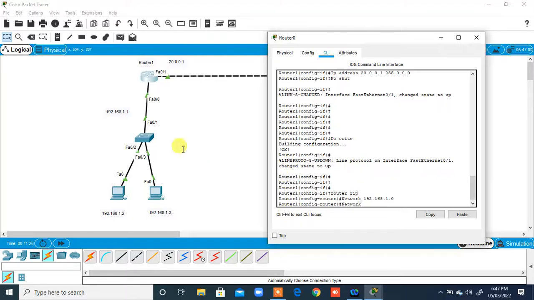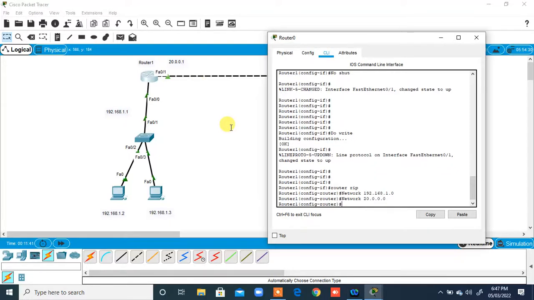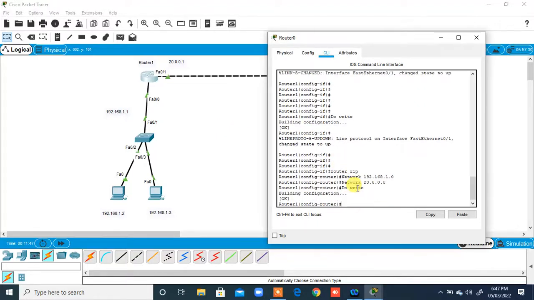As I told you, we have two networks. One is 192.168.1.0, which I have done here. Similarly, I am going to advertise the 20.0.0.0 network also: network 20.0.0.0. So the advertisement is done here. Let me save the configuration also.